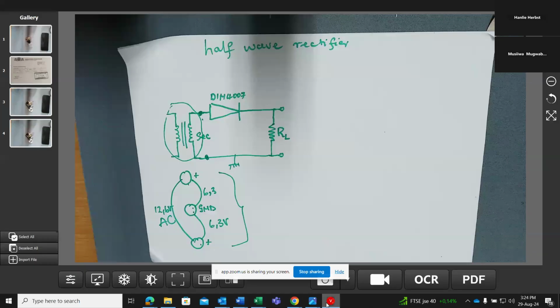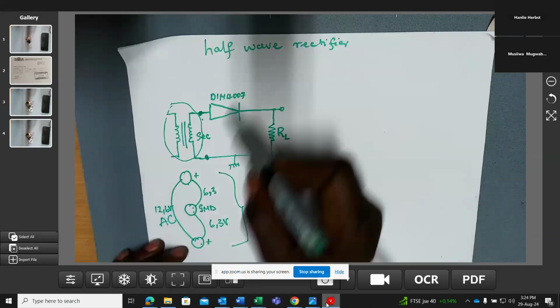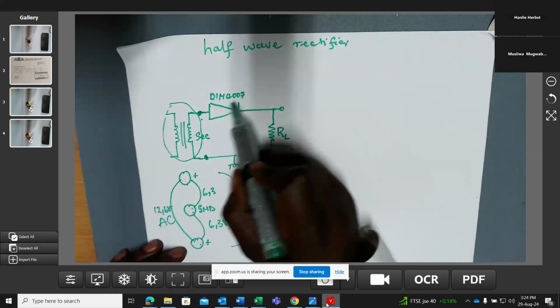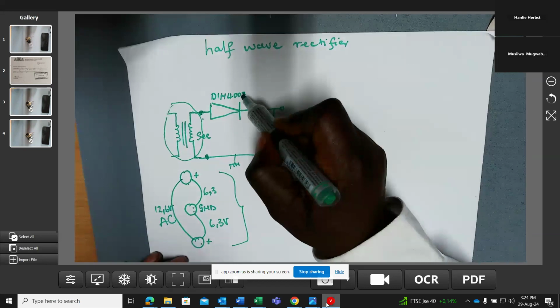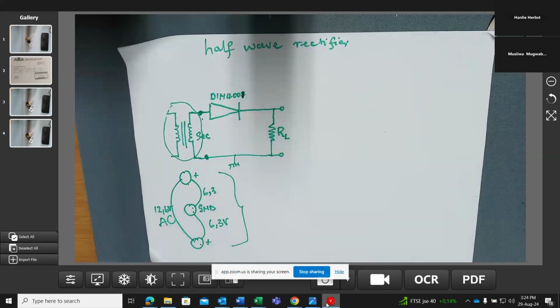They fall under the same category. This one here, which is your D1N4007, D1N4001, they fall under the same category. If you look at the data sheet, you'll see that their specification, or their characteristics in terms of the data sheet, are the same.